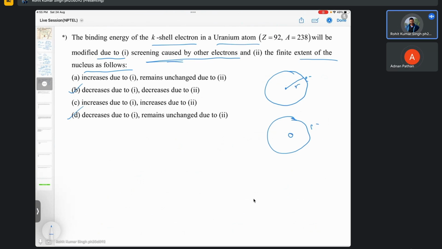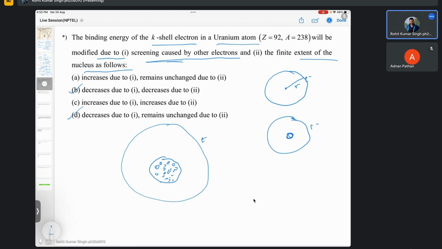Now you have a finite extent; the nucleus is not a point, it's a finitely distributed charged sphere. So let's make the picture a little bigger. This is your nucleus, and this is your electron moving in the K shell. There are protons and neutrons here, right? The binding comes from the Coulomb attraction between the nucleus and the electron.